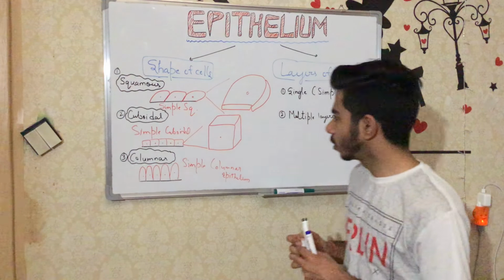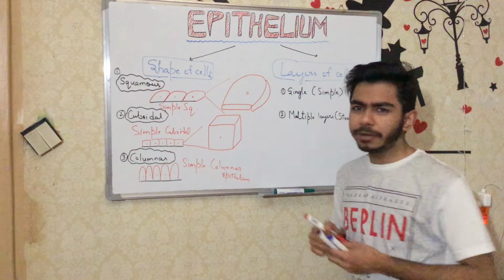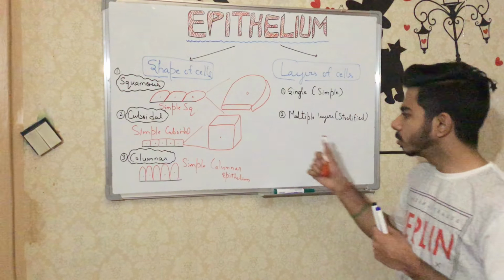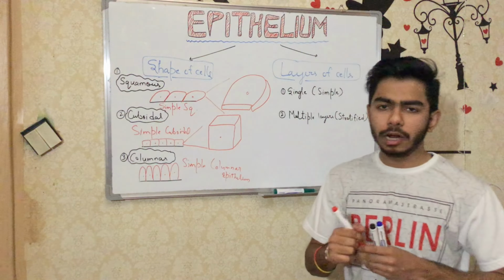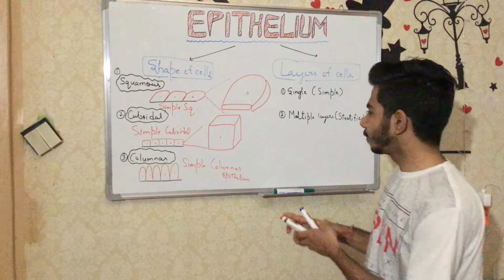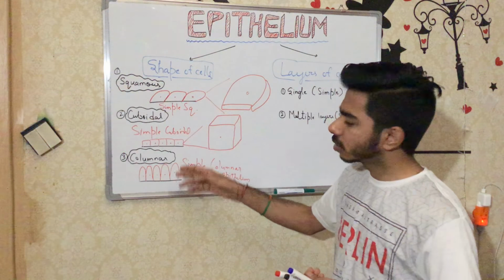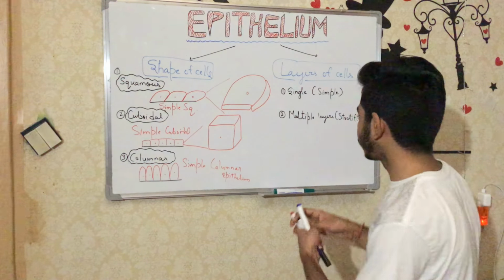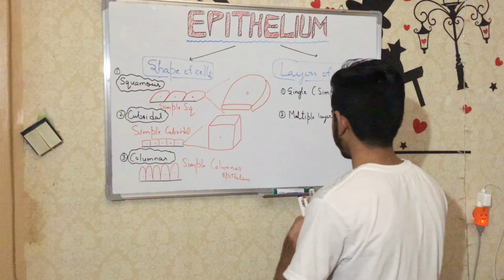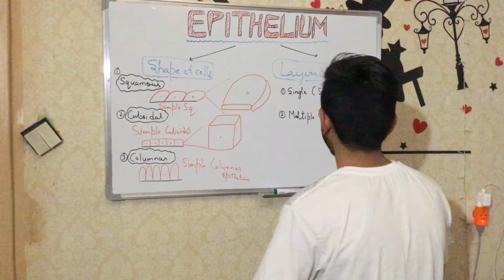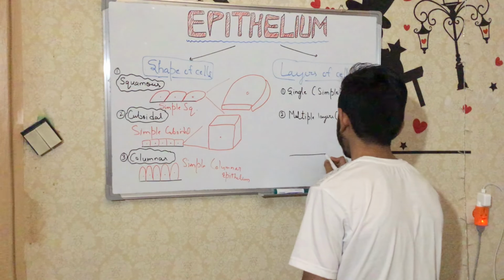Now let's talk about the stratified, how these epithelia are going to be represented. Here we were talking about the simple layers. Now, for example, here is the basement membrane.